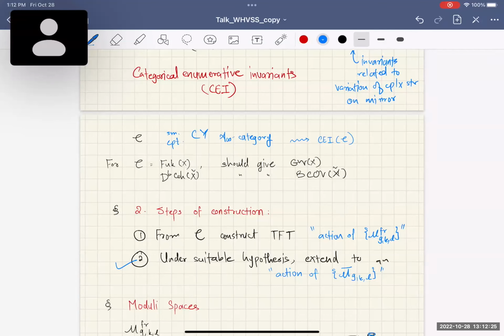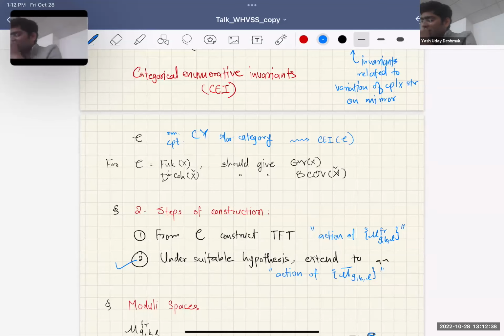Since you mentioned that you want to construct the action of moduli spaces of all genera, does this construction give more than just genus zero Gromov-Witten invariants? So yeah, when I say I construct actions, these are going to be actions purely at the algebraic level. So they are going to be on some sort of Hochschild chains or something like that.